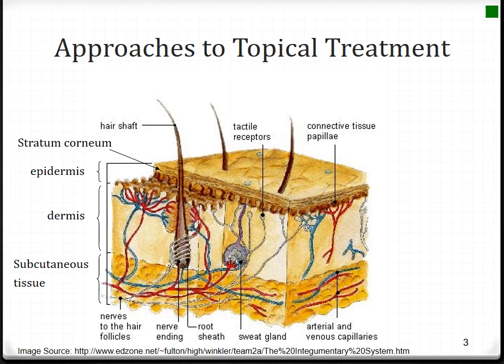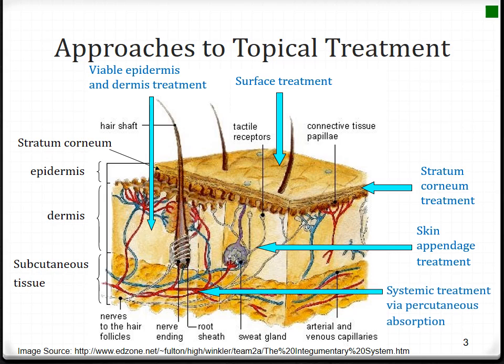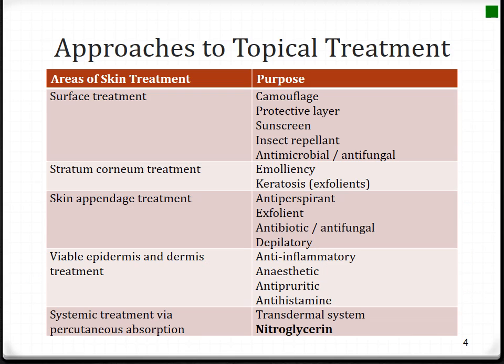cells. Drugs can be applied to the skin for different purposes: to treat the skin surface, for example sunscreen and insect repellent; to treat the stratum corneum, for example moisturizers; to treat the deeper layers of epidermis and dermis, for example anti-inflammatory or anesthetic creams; to treat skin appendages, which are the hair, oil glands, and sweat glands, for example antiperspirants; or to deliver a drug through the epidermis and dermis into the blood to be carried to the rest of the body, for example nicotine patches for people who are trying to quit smoking.